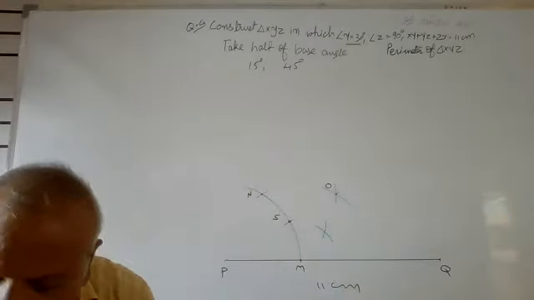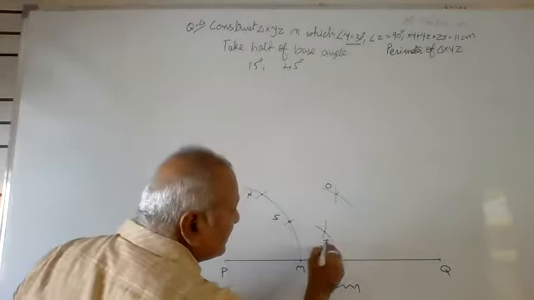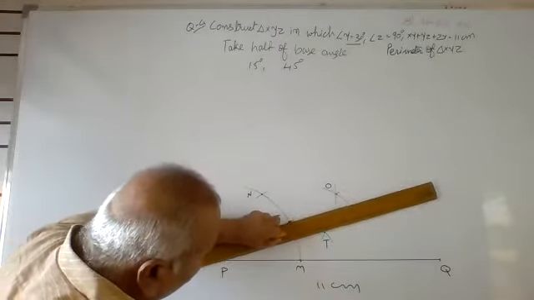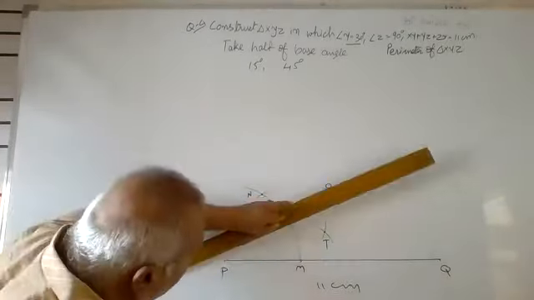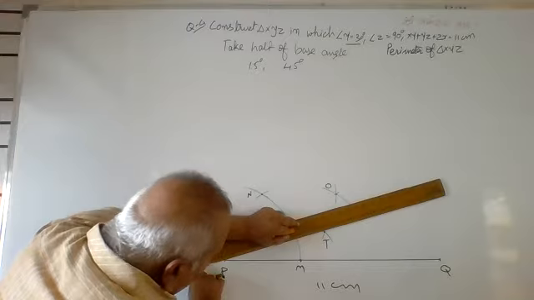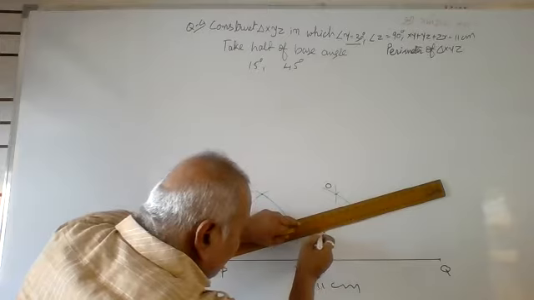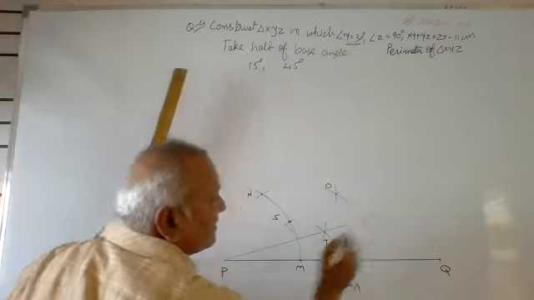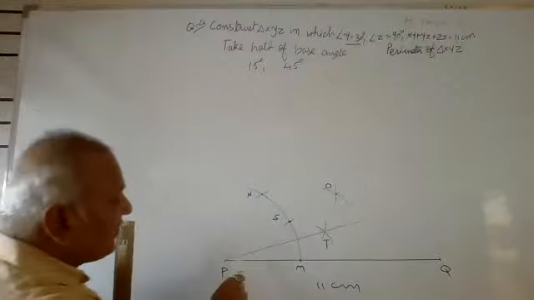Where both the arcs meet, I will give the name T. So join P and T. I have connected P and T in a proper way. So it is ray PT. Can you see? Now we can say it is 15 degree.